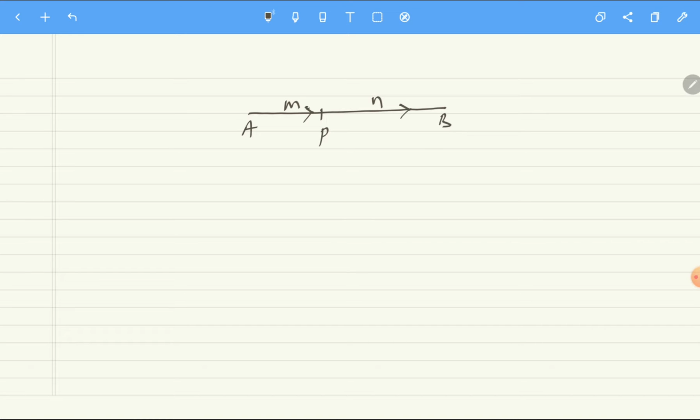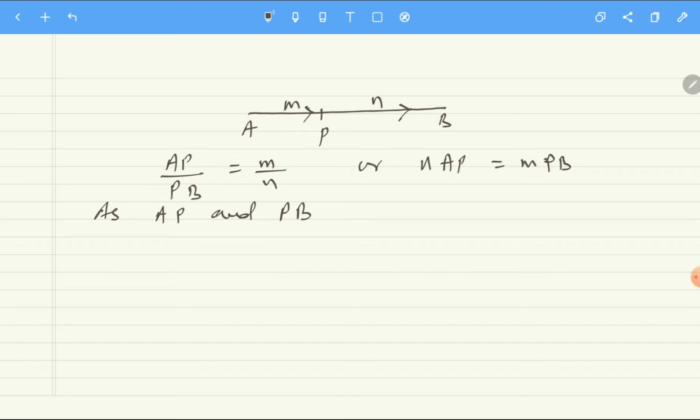Now vector AP and PB are in the same direction and we have AP by PB is m by n, or I can say n times AP is m times PB, and as AP vector and PB vector are in the same direction, we can write n times AP vector is m times PB vector.